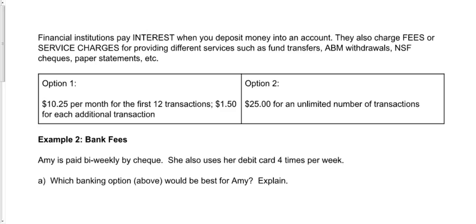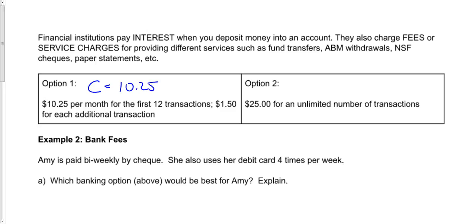Okay, so if you were to graph this, or if you came up with an equation, let's say that your cost would be $10.25.